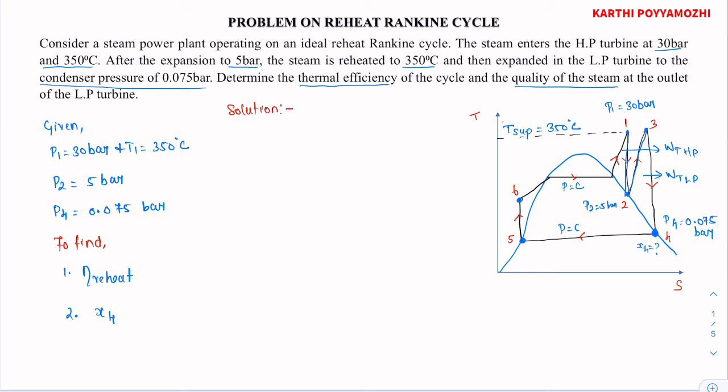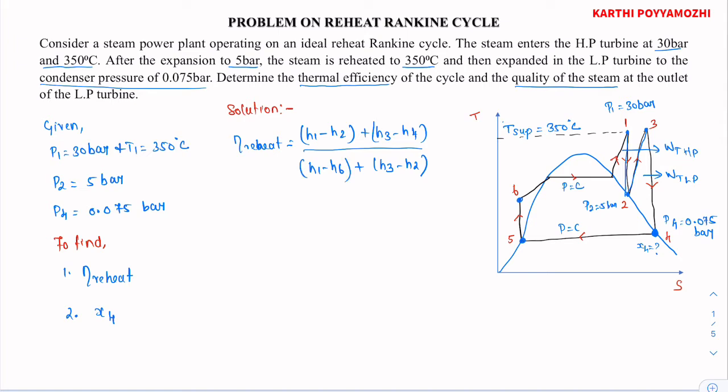The efficiency of the reheat Rankine cycle is given as H1 minus H2 plus H3 minus H4, divided by H1 minus H6 plus H3 minus H2.